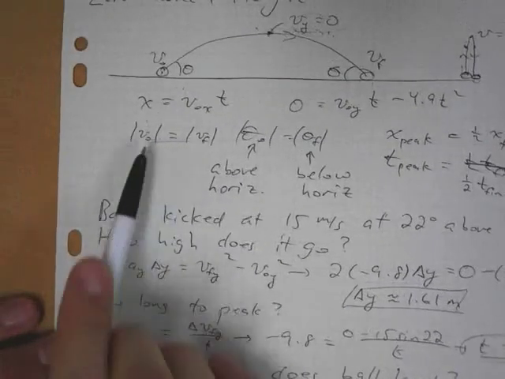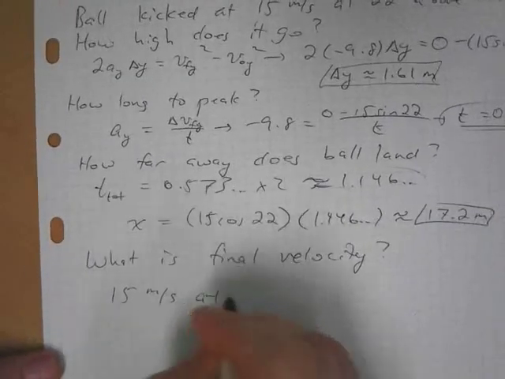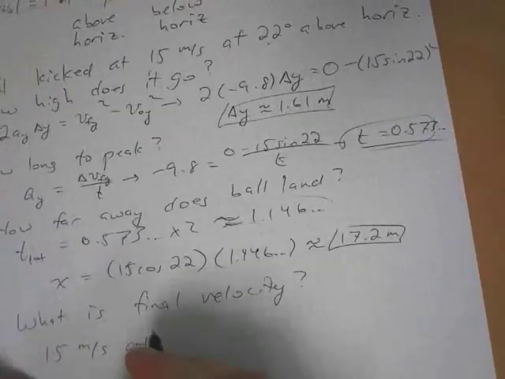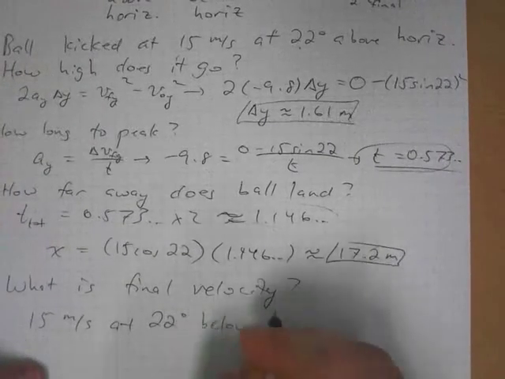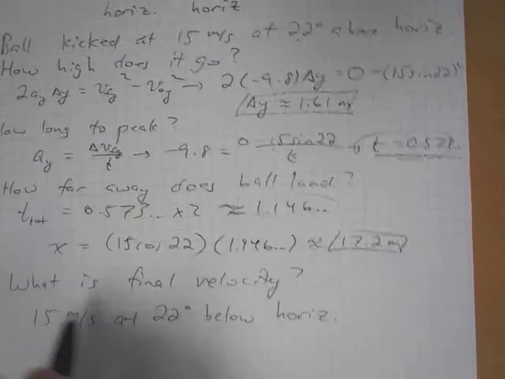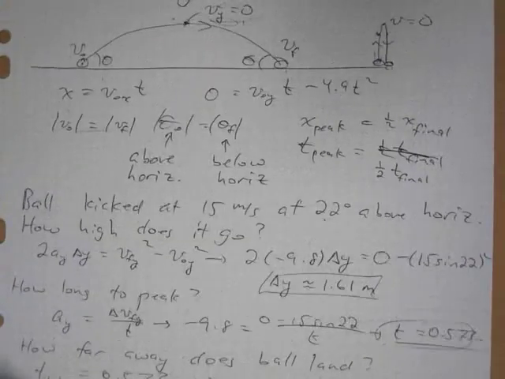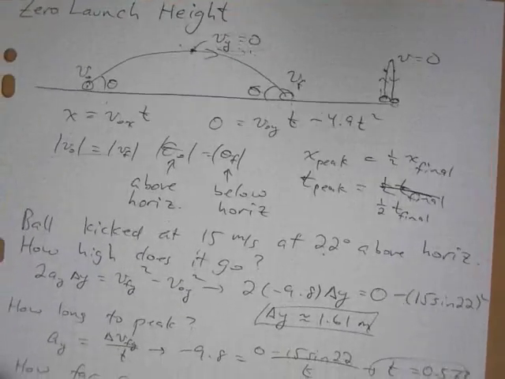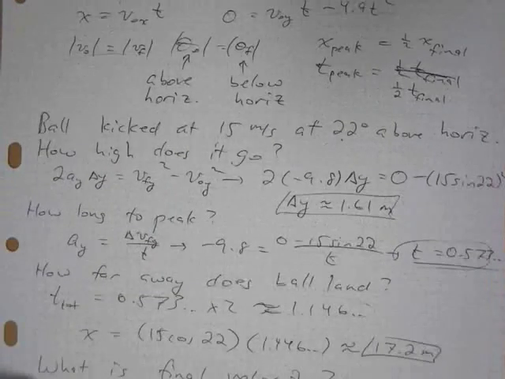We know the angle is the same, but the final velocity is below the horizontal, where the initial velocity was above the horizontal. So again, we can do calculations when we have zero launch height, and that's fine. But we can exploit these symmetries to make some of our questions easier to answer.